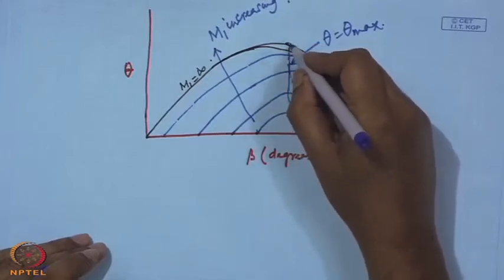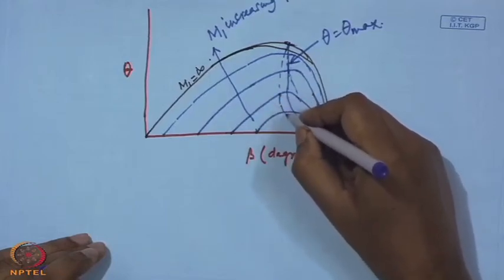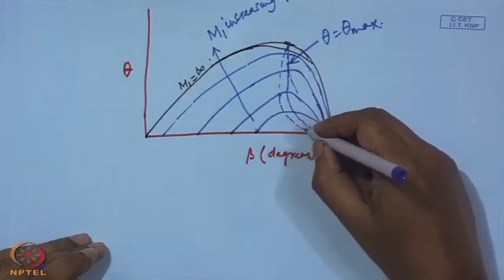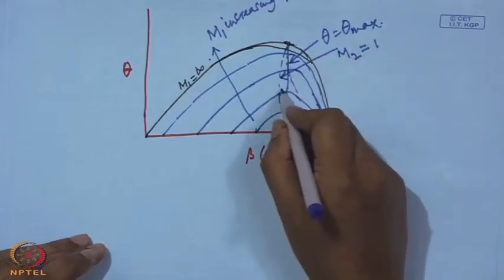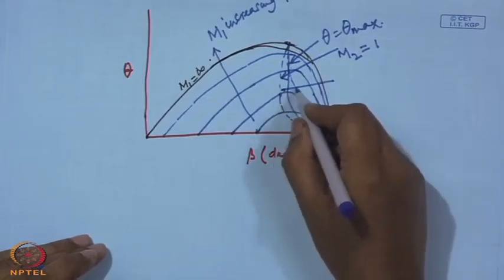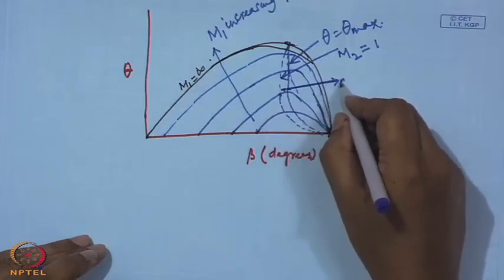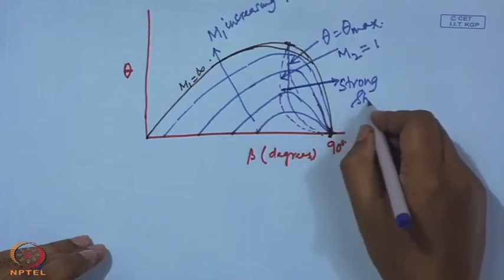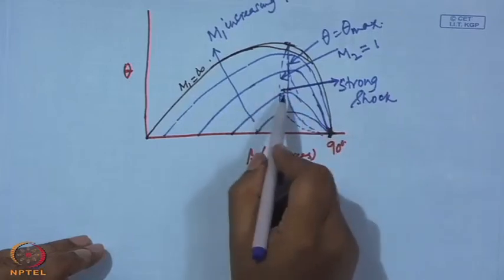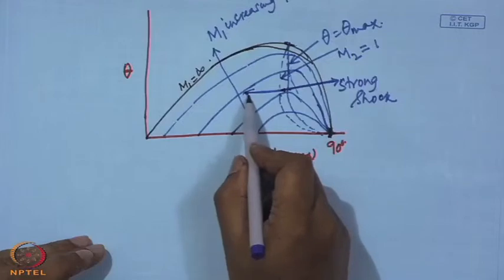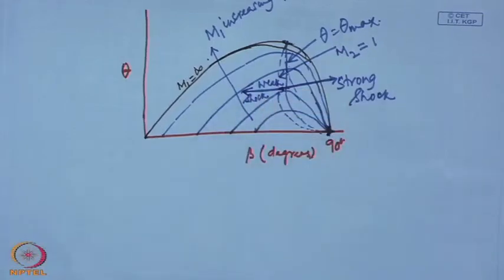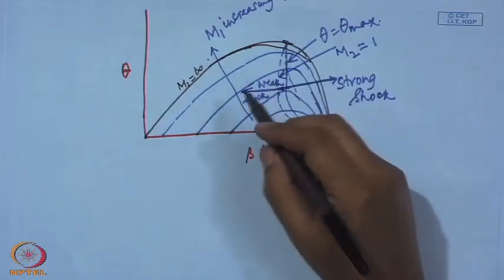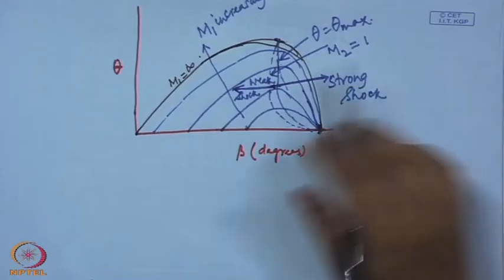and this is the line for M2 equal to 1. Now, if we look at this curve, you can see that the higher curve for higher Mach numbers envelops the curve for the lower Mach number.